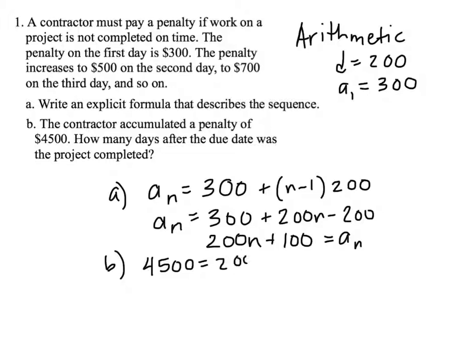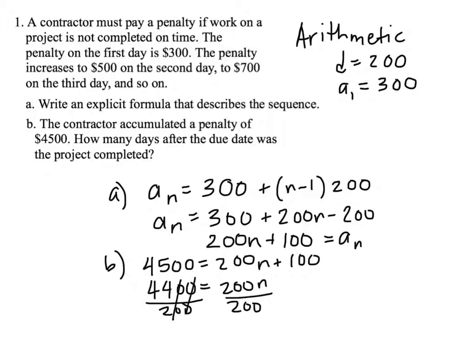Silly. 200n plus 100. Easy to solve. Subtract 100. We've got 4,400 equals 200n. Divide by 200. 22. 22 days late. Okay, so I guess it does make sense to hold kids to deadlines, because the real world holds you to deadlines too.